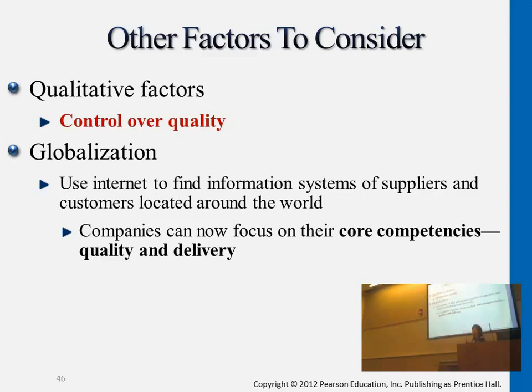They need to do some research beforehand. So some of the qualitative factors that may affect their decision, if they can't find a reliable supplier and vendor, meaning whatever the sample products they had from those vendors, those suppliers, they don't think it's meeting the quality standards in their company, they may decide to still produce it in-house even though it costs a little bit more.